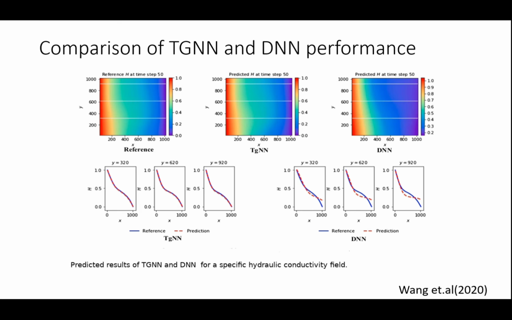The figures in the top row represent the reference, theory-guided neural network and deep neural network hydraulic head over a region at a specific time step, that is at time step 50.